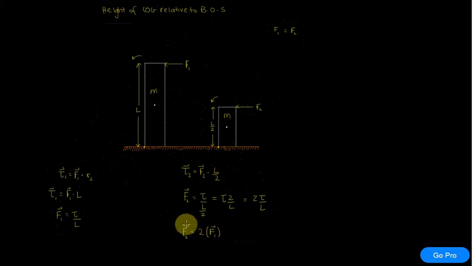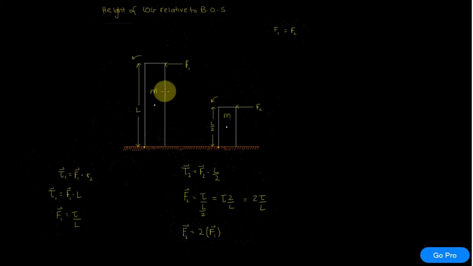In other words, the force applied in this second scenario is twice as great as the force applied in this scenario to cause the anti-clockwise rotation, or it's twice as difficult to destabilize this as it is to destabilize this. It's something we've spoken about before: since torque is equal to force times distance, the greater the distance from the axis of rotation, the greater the torque, so the easier it is to topple over.